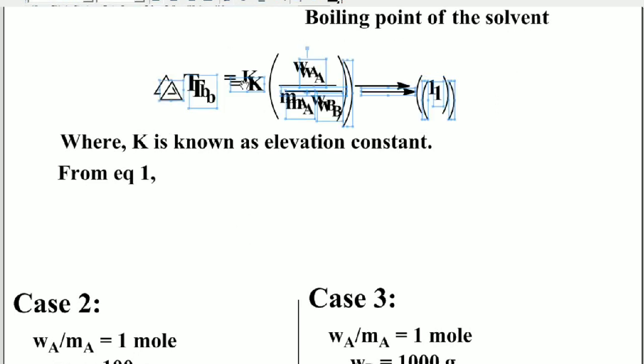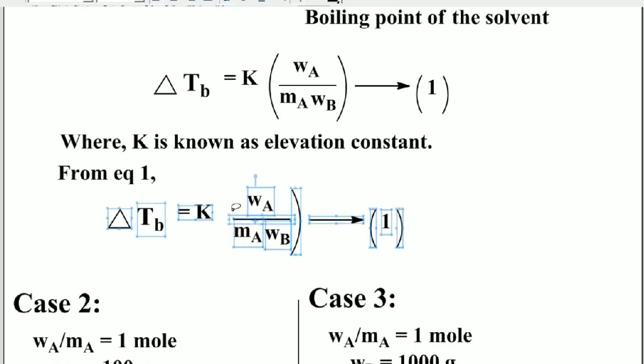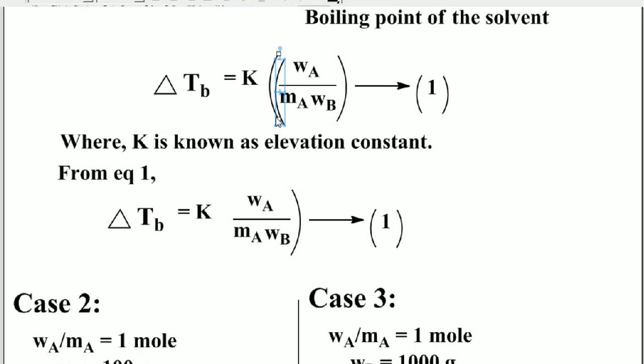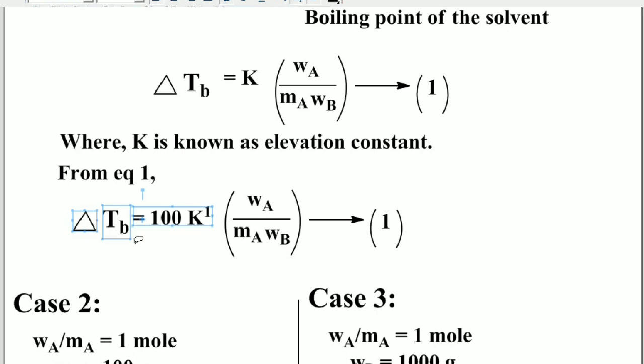From case 2, in place of K we can write 100 into K dash. In case 2 we can write delta Tb is equal to 100 into K dash into Wa by Ma into Wb.